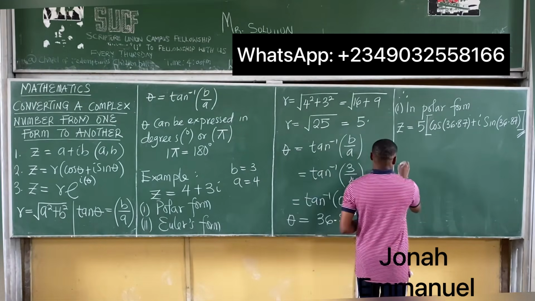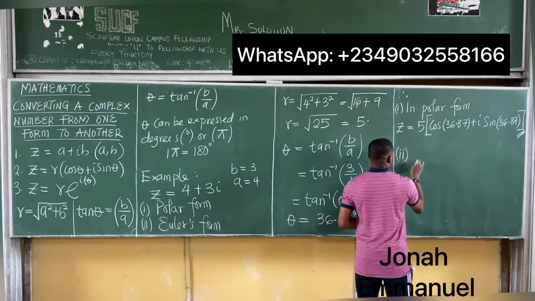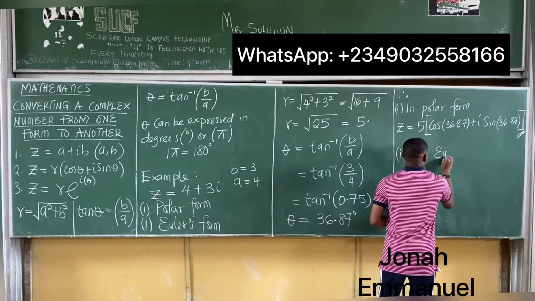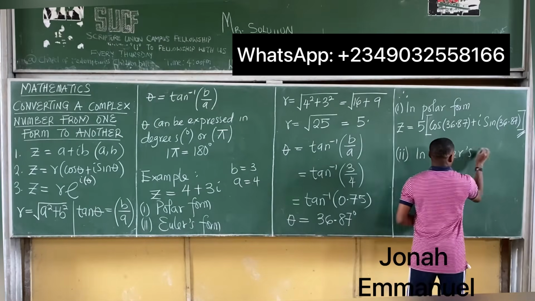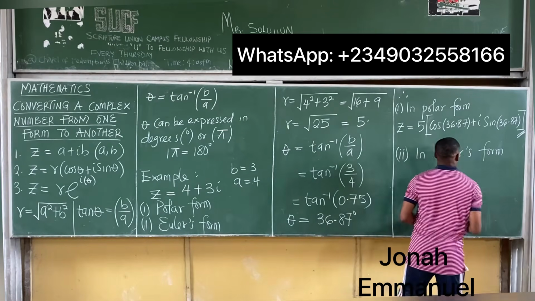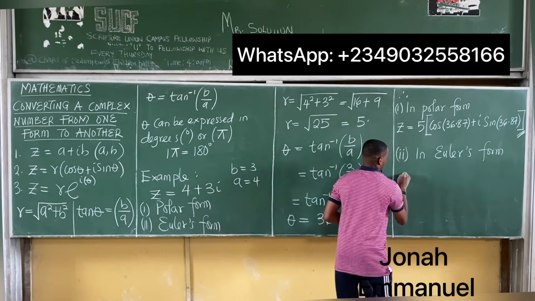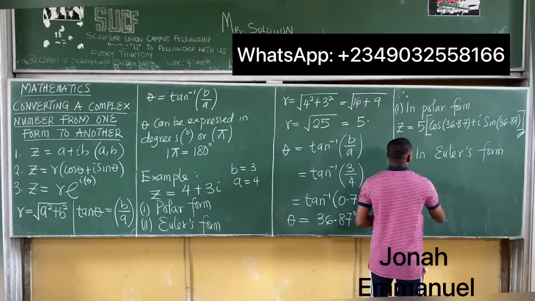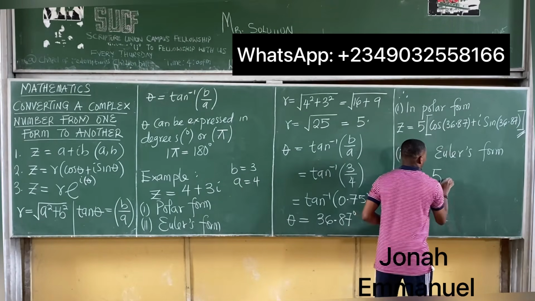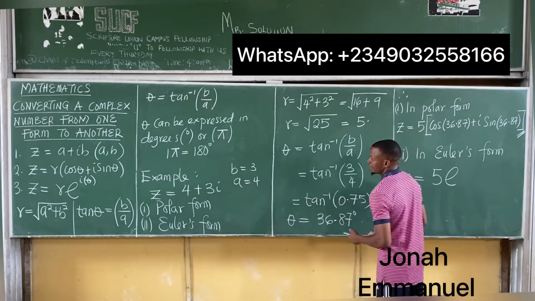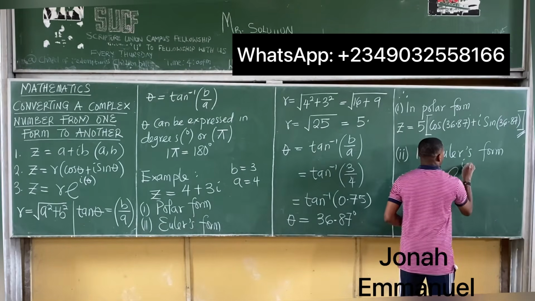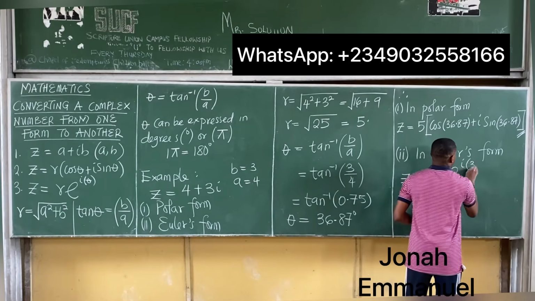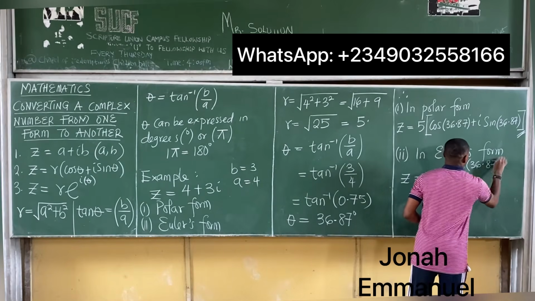Finally, number 2, let's get this in Euler's form. In Euler's form, z is equal to r, which is 5, exponential i theta. So exponential i theta is 36.87.